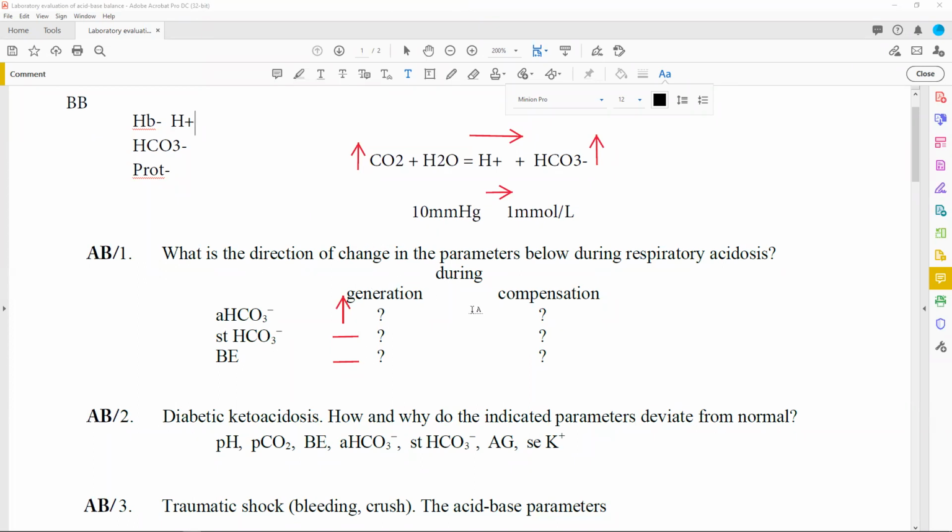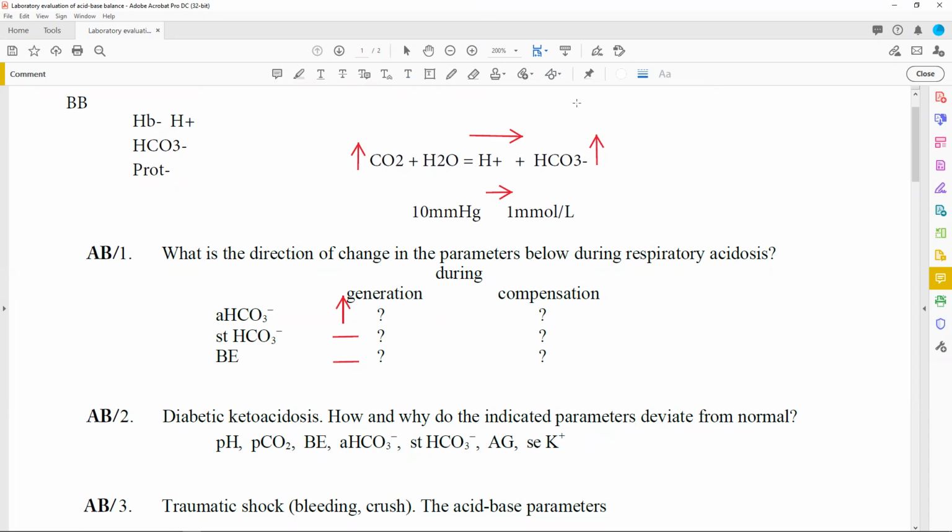Okay, let's see, Alireza, what will happen during compensation? In the actual bicarbonate concentration, it increases even more. Okay, what will happen when we do have compensation? So what is a compensation?